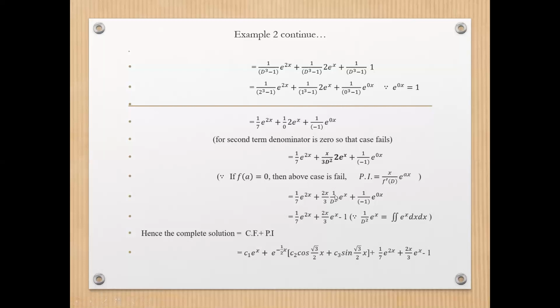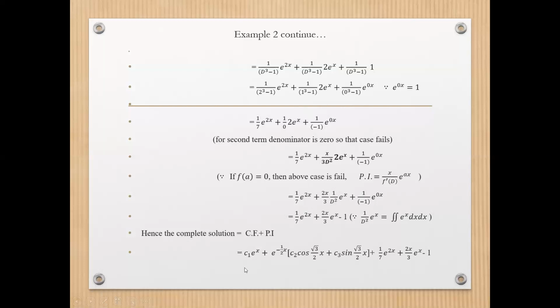Here 1 upon D square e raised to x is the double integration of e raised to x. As you know, any number of integrations of e raised to x is again e raised to x. So this is our required particular integral for the second example.